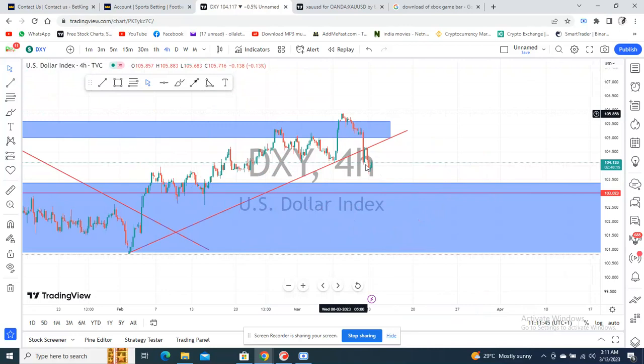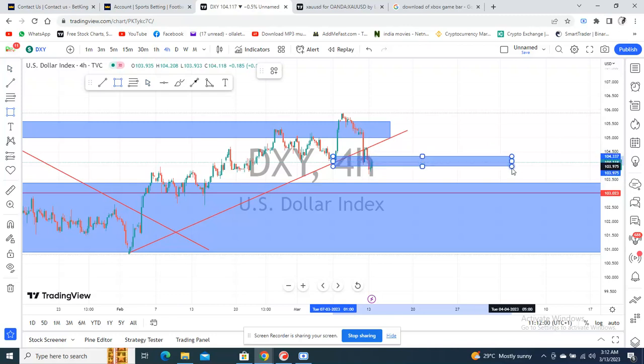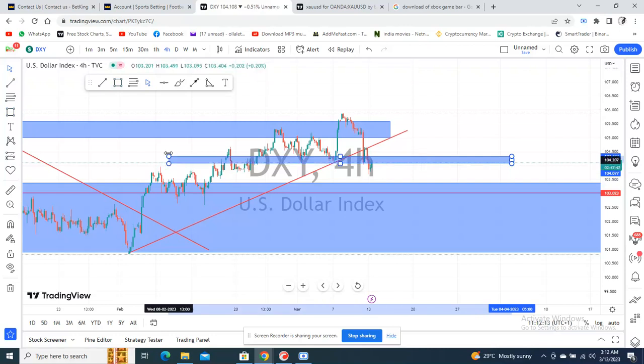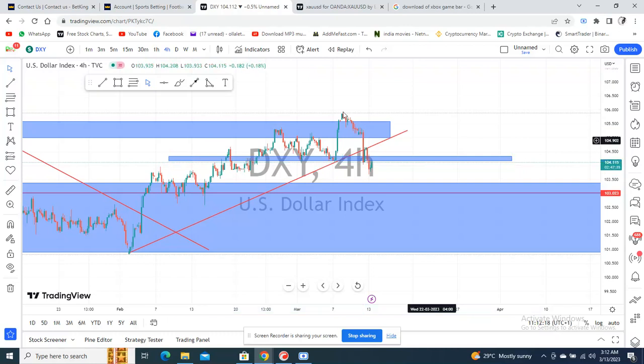But somebody like me, what I would like to do now, I will still pay attention to this one here, because as a result of the impulse move that occurred here, I'm expecting the price to come back here and pick up again, in which I'm still seeing this market going up.